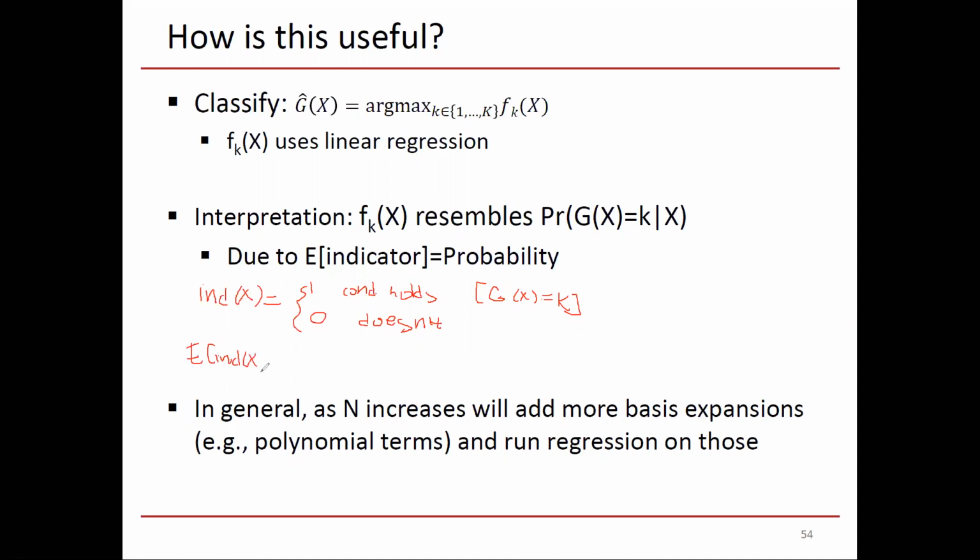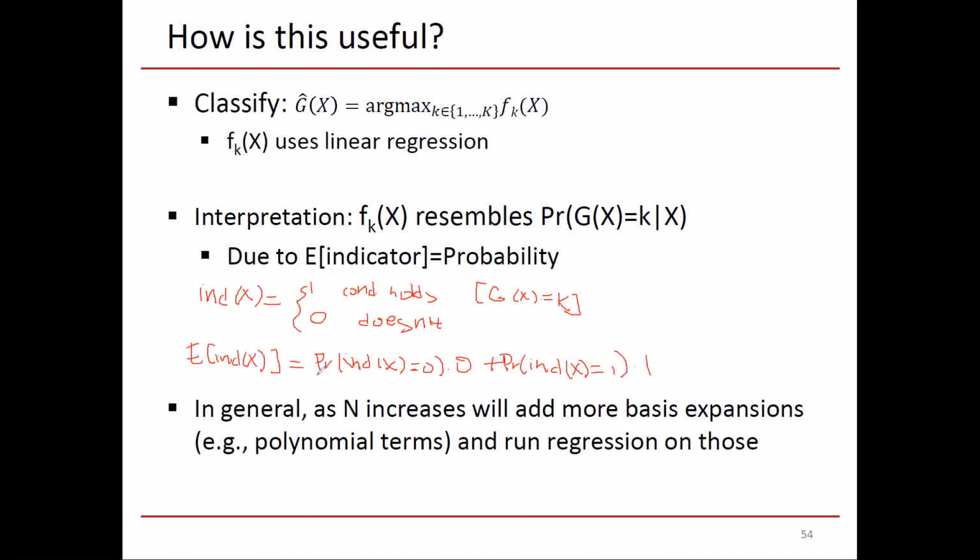So we have two different values, either 1 or 0. So we have the probability that IND of x is equal to 0 multiplied by 0, plus the probability that IND of x is equal to 1 multiplied by 1.